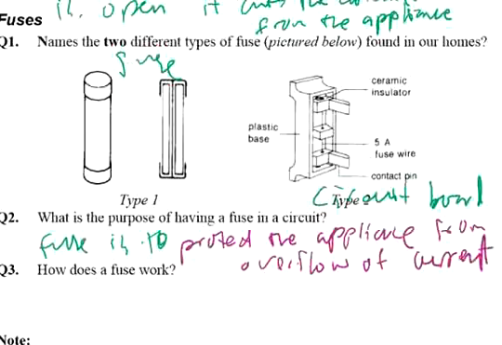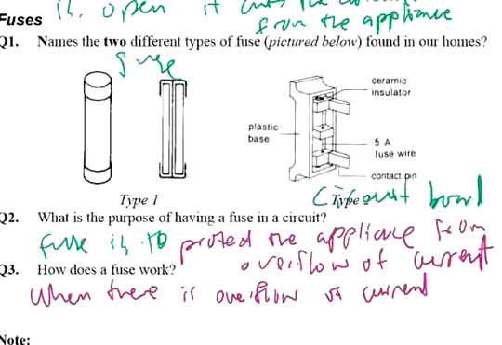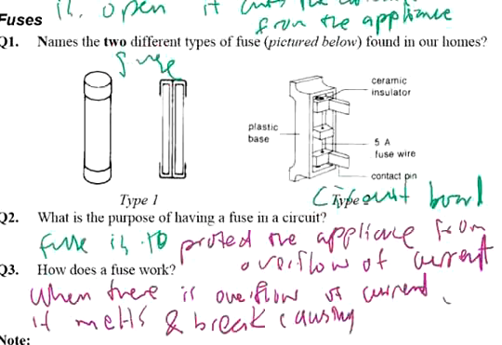Okay, it is to protect the appliance from overflow of current. How does the fuse work? When there is overflow of current, it melts and breaks, causing an open circuit.